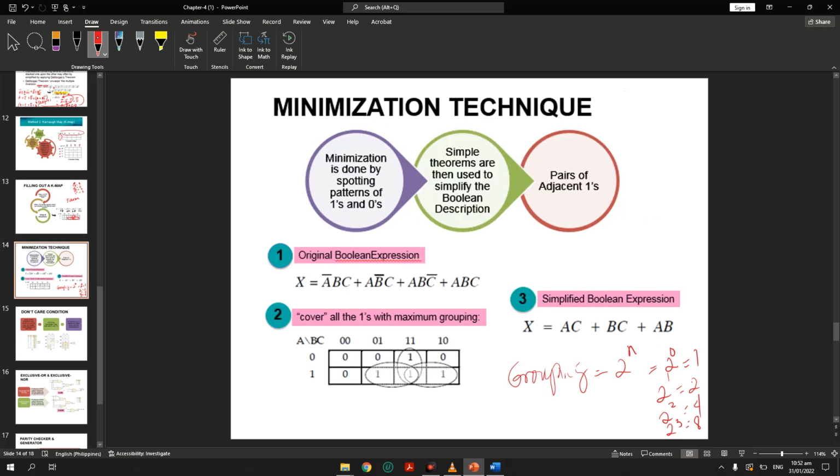So here, cover all the ones with maximum groupings. That is rule number 2. And after the grouping, we have the simplified Boolean expression, AC plus BC plus AB. How did we arrive at this Boolean expression?